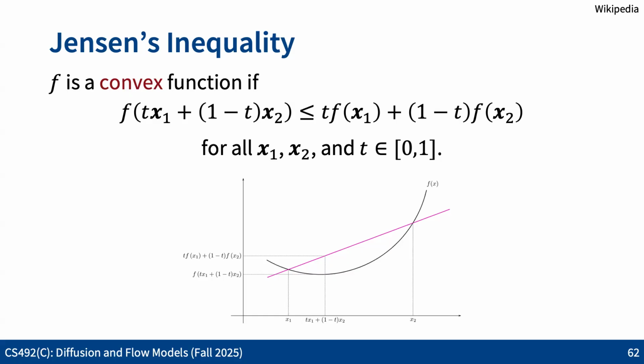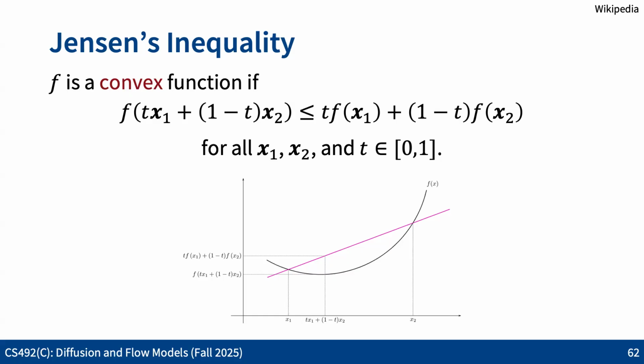And if, instead of taking the interpolation of the function values, you take any intermediate data point here and take the function value at that point, if this value is lower than any of the values on the straight line, that's the case where we have a convex function.